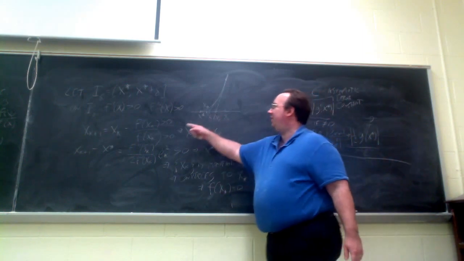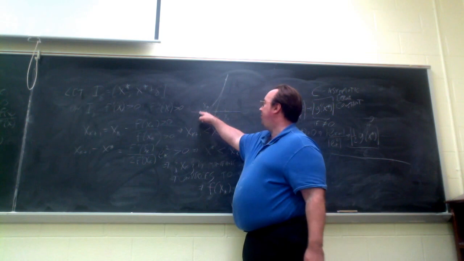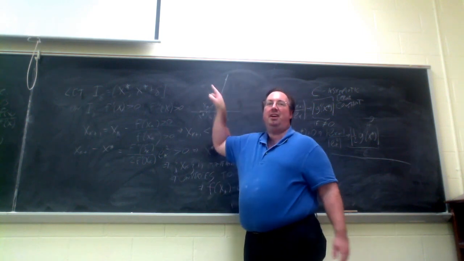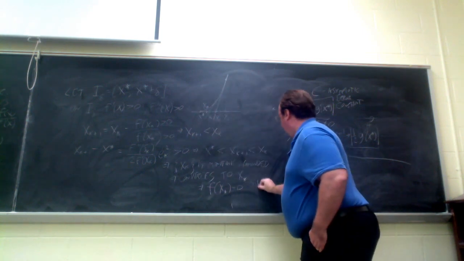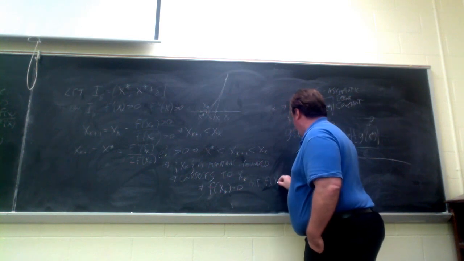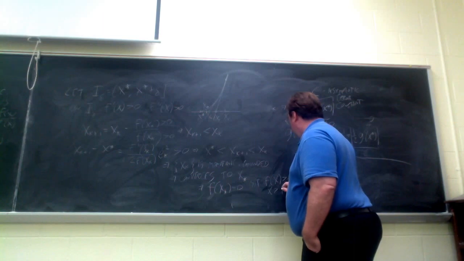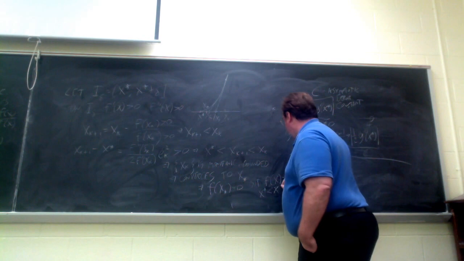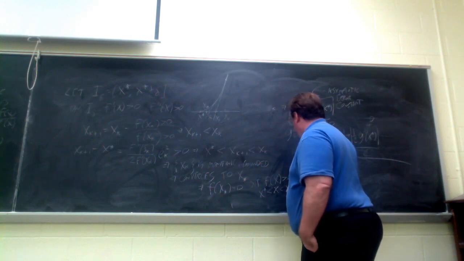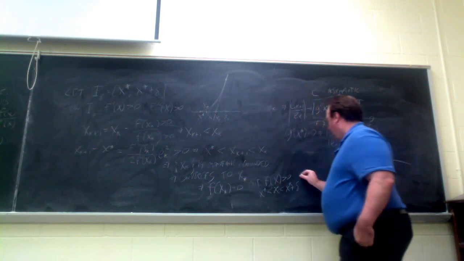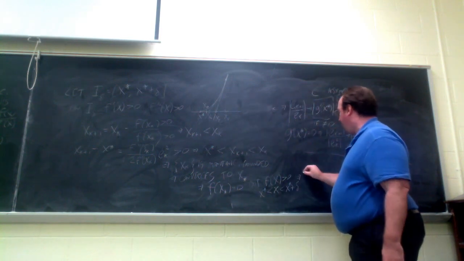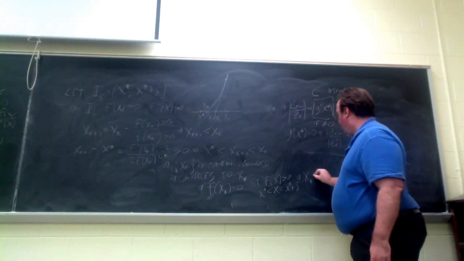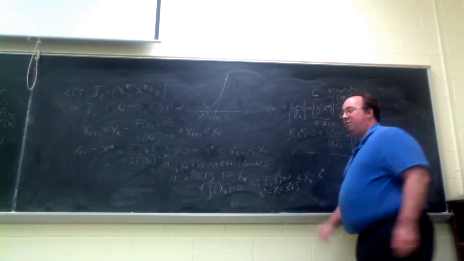But because of these assumptions, starting from this root, the function has to increase. It has to be positive. Yeah, because f of x has to be positive for any x between x star and x star plus delta. So anywhere in this interval. So the only way this can happen is x sub star equals x sup star.